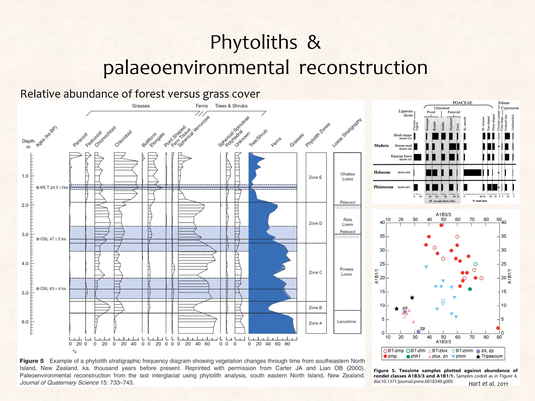A number of such studies are available for different regions of the world. From the 1990s onwards, quantitative methods were put forward in phytolith analysis. Some researchers use multivariate statistics to distinguish between phytoliths from a large number of species.